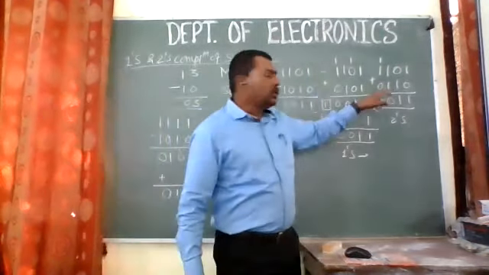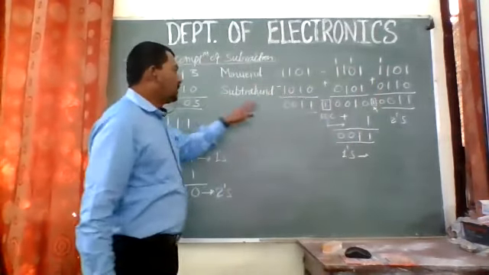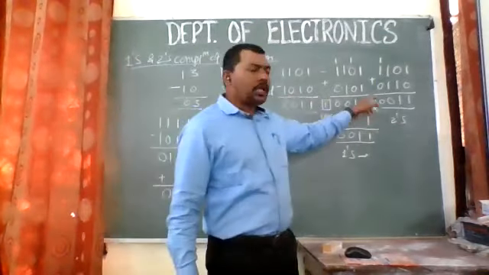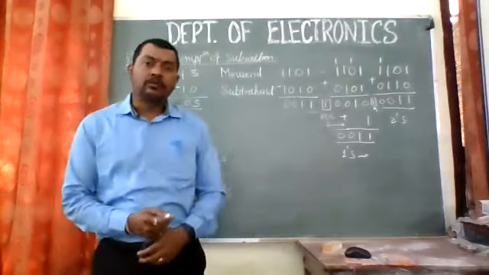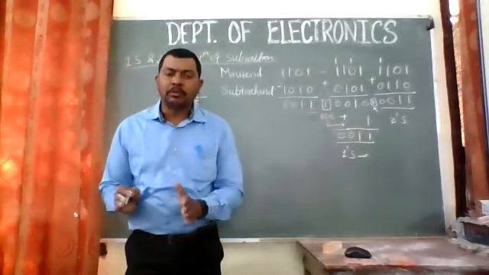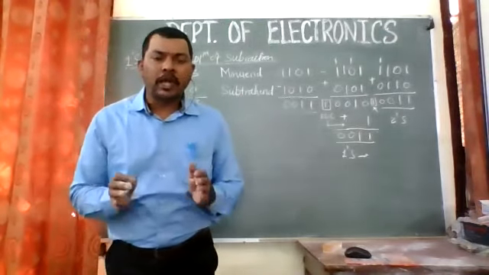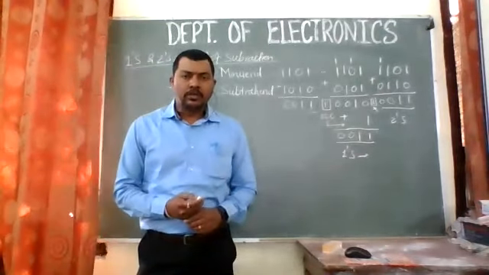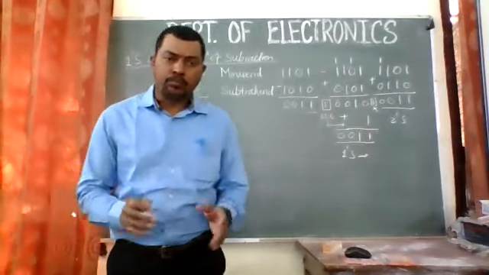If you add both, we get the result of subtraction, that is 0011, right? Whatever carry is generated in the twos complement method, we neglect that carry. In the ones complement method, we have to add that carry back to the result. Then only will we get the exact output.